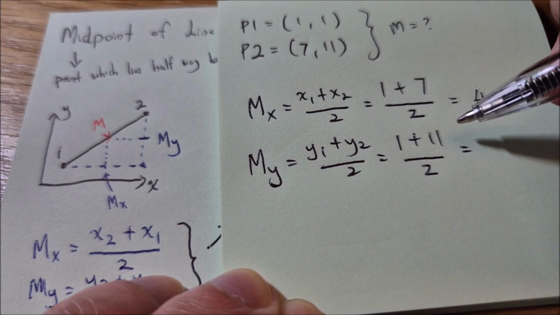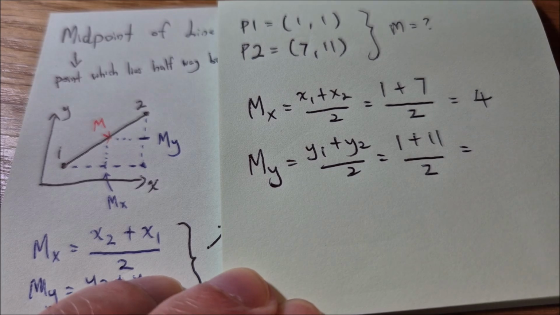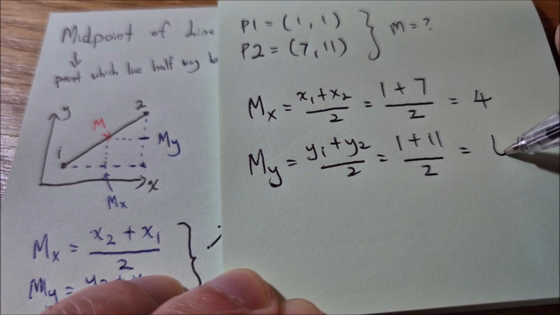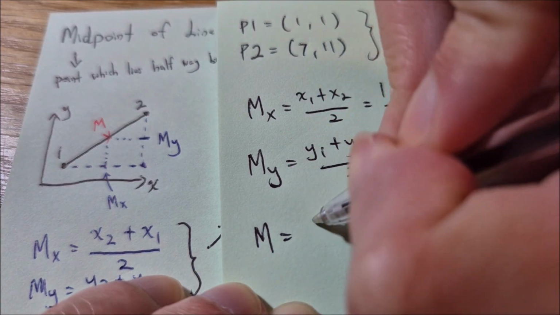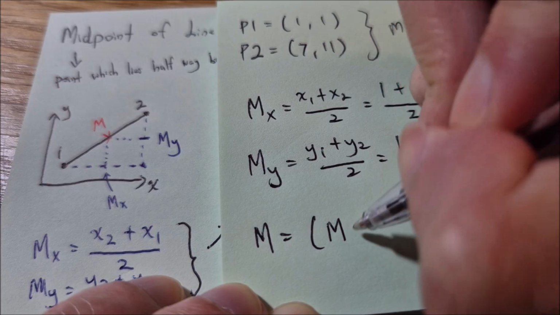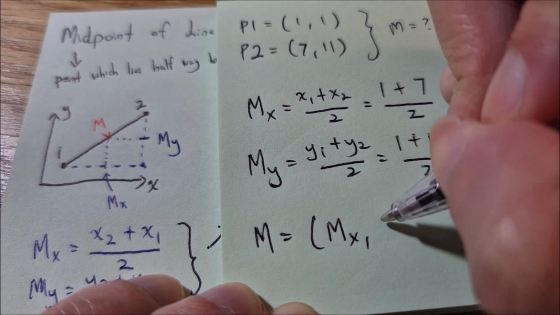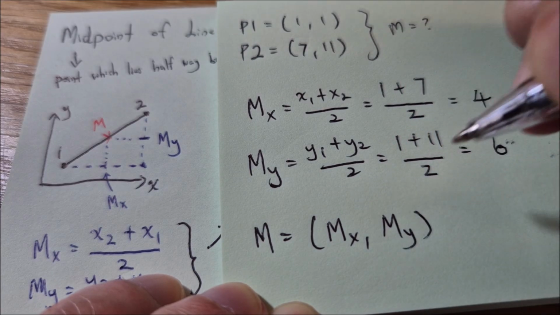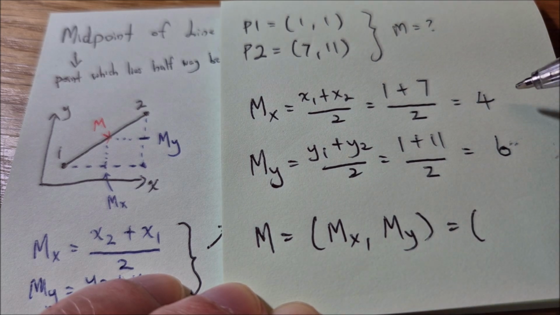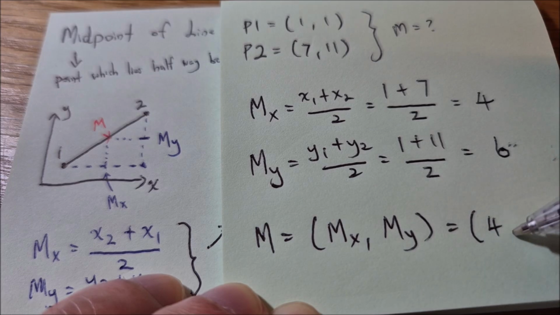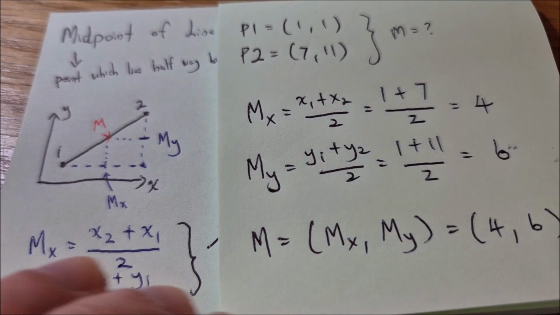We have 1 plus 11, which is 12, divided by 2, which gives us 6. And we know that our midpoint is (Mx, My), and we have (4, 6) as our midpoint.